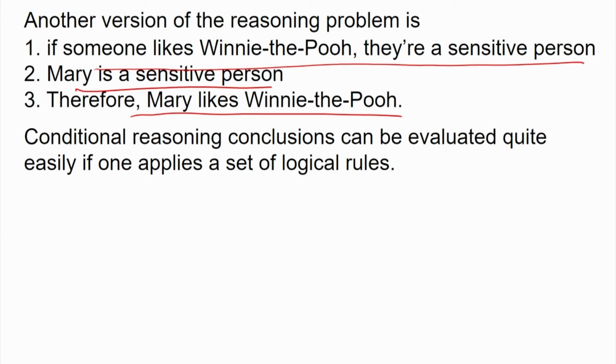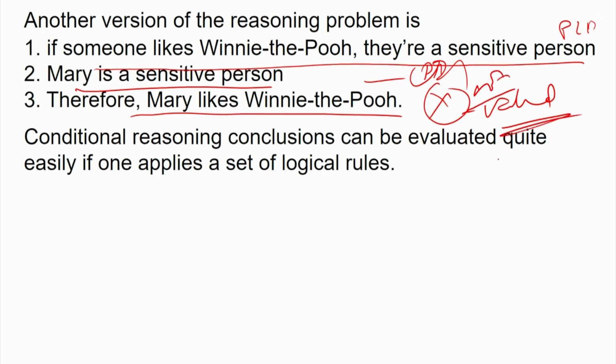What do you think, is this a correct conclusion? What you will come to know is that this is not the correct conclusion. So, if this is my premise 1 and this is my premise 2, this is not valid. Conditional reasoning conclusions can be evaluated quite easily if one applies a set of logical rules.